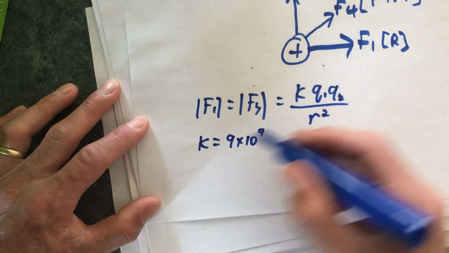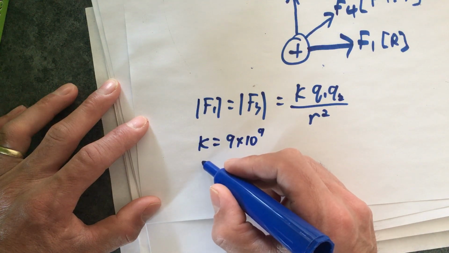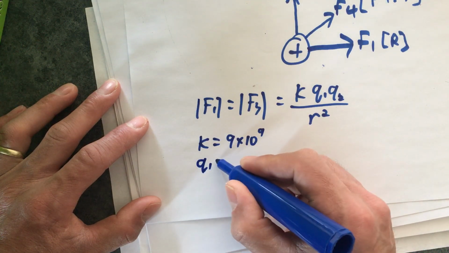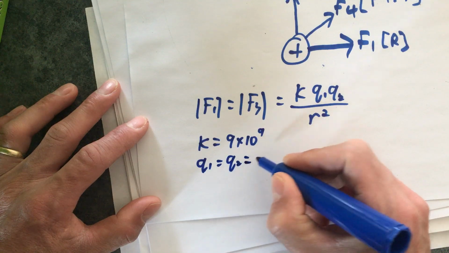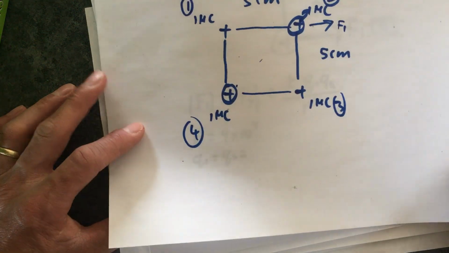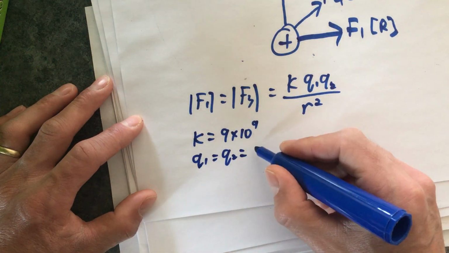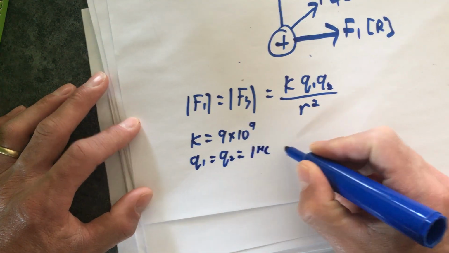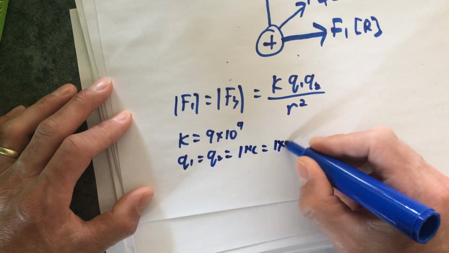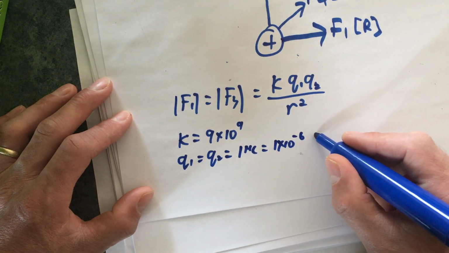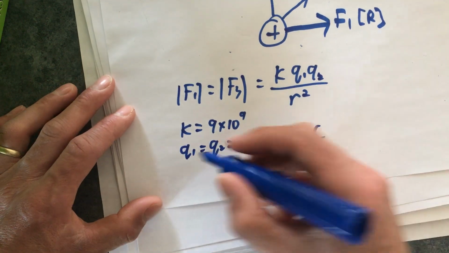Q1 and Q2 have values of, so Q1 is equal to Q2, and in this question we're given, it's all 1 microcoulomb, which is 1 times 10 to the negative 6 coulombs.